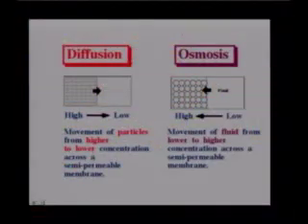It sucks fluid across. It acts like a sponge and sucks it up and pulls it across. So osmosis is the movement of fluid from lower to higher concentration across a semi-permeable membrane. And it's caused primarily by albumin in the bloodstream. Other things that could cause osmosis are high concentrations of glucose, for instance.